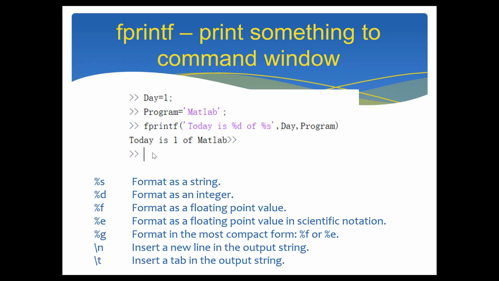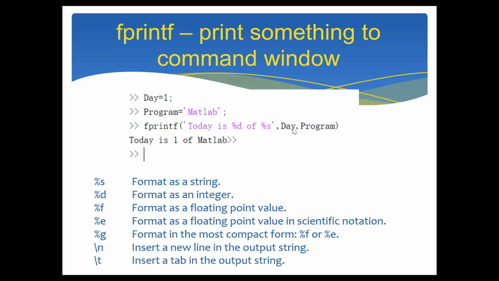And when you print this, you need to specify the type of the variables you want. The first one is a digit, so it's %d, which is an integer. And %s is a format string. You can try this, it will give you this output, right? So fprintf is a bit more complex than display, because it can display a composition of different types of variables.